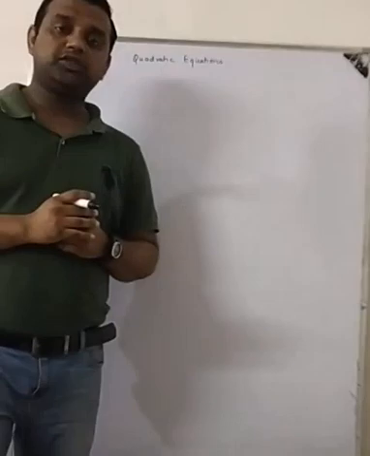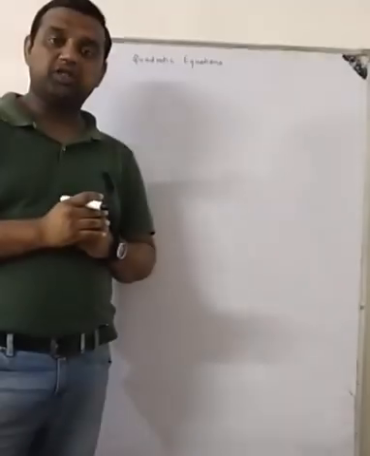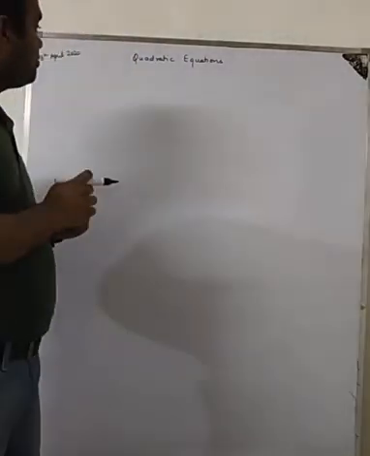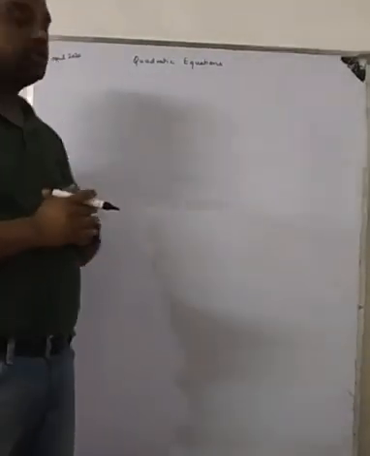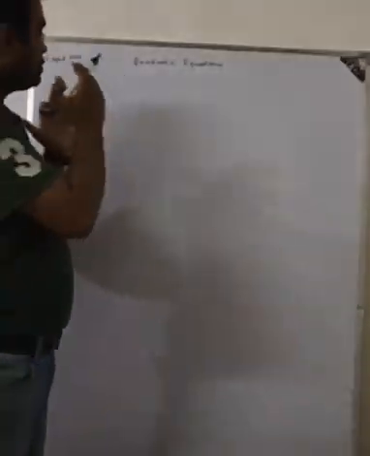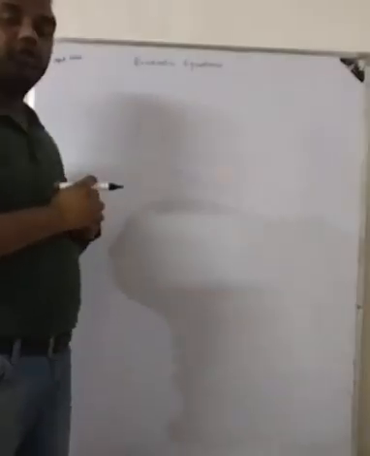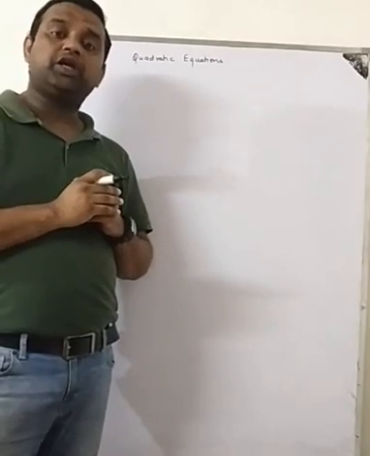As in our chapter 2 polynomials, we studied about the different types of polynomial, that is linear polynomial, quadratic polynomial, cubic polynomials, biquadratic polynomials. So this quadratic equation is actually a quadratic polynomial, and when that quadratic polynomial is equal to 0, it becomes a quadratic equation.